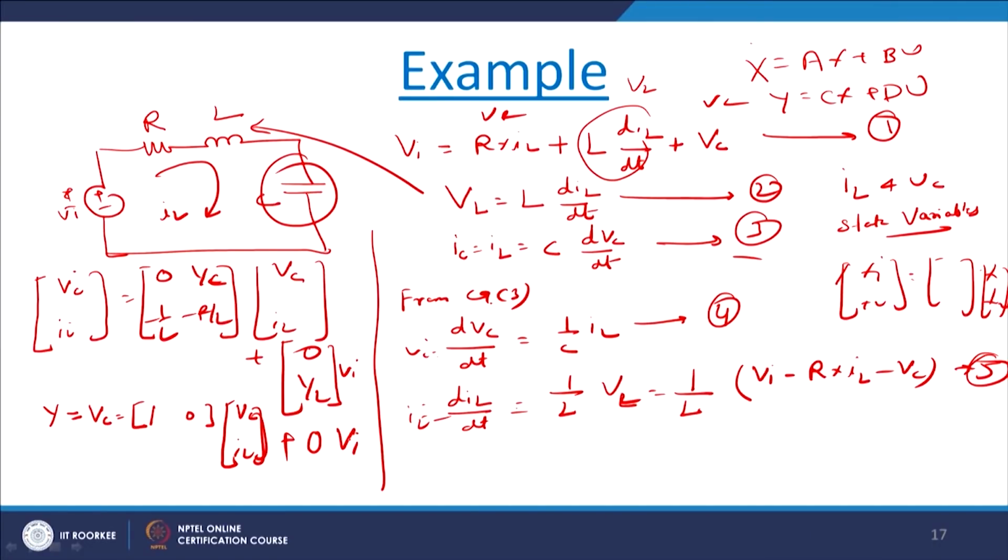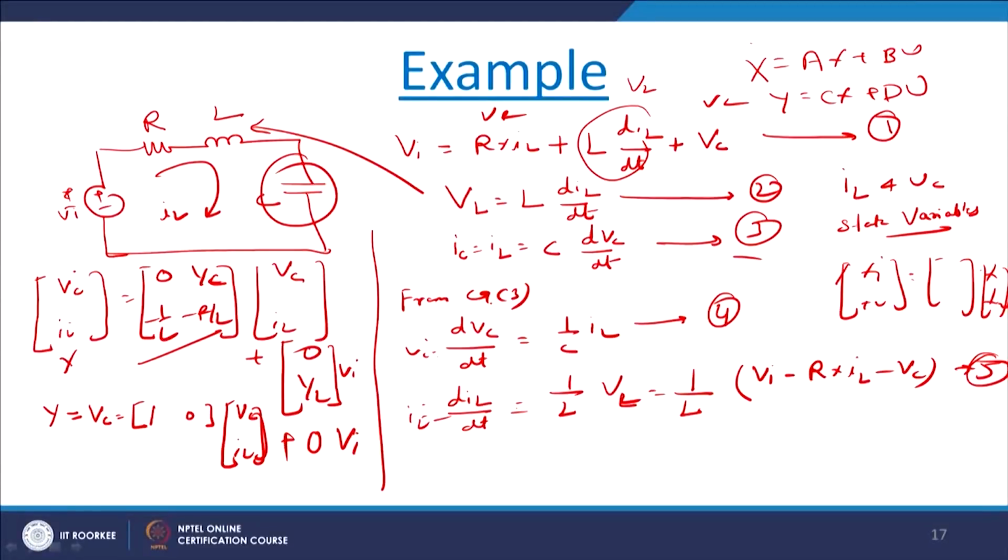Now this is the state space model of an electrical circuit, which is simple in nature and involves a resistor, inductor and a capacitor, taking two energy storage elements. We see this is x dot equals A matrix, this corresponds to B matrix, then this C matrix, and D is a 0 matrix, the A B C D matrices.